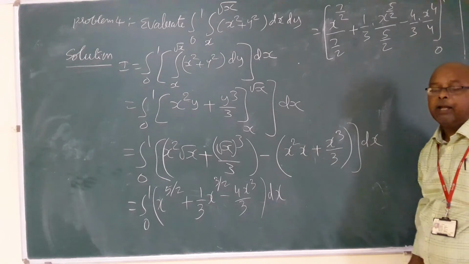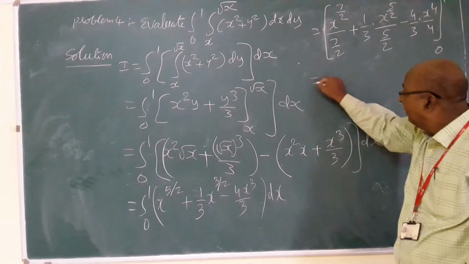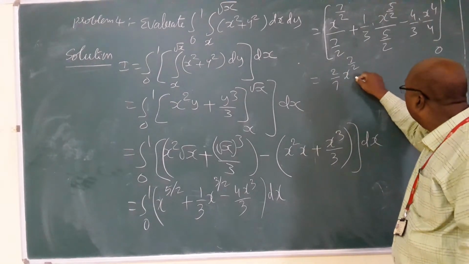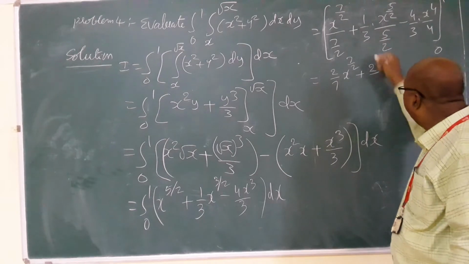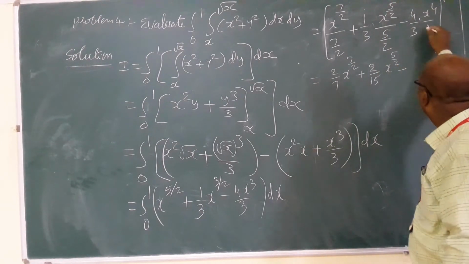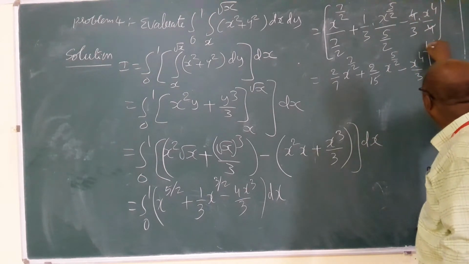Using the formula, the integral of x power of m is x power of m plus 1 by m plus 1. This is 2 by 7 x power of 7 by 2, plus 2 by 5 into 3 x power of 5 by 2, minus x power of 4 by 3 with 4 cancelling, from 0 to 1.